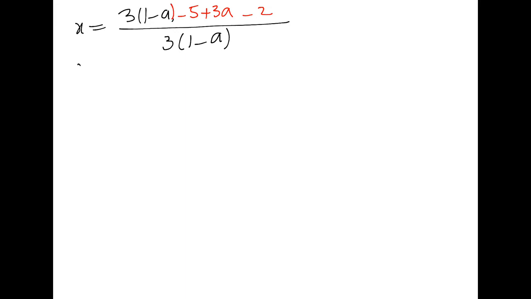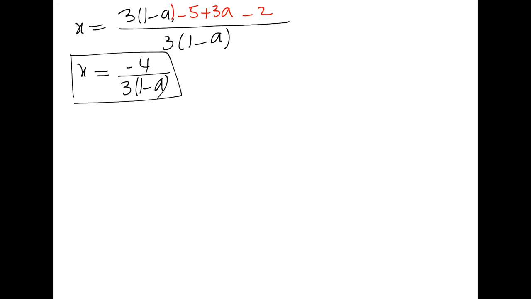Okay, so simplifying this, we get negative 3a plus 3a, that's a 0, so the a cancels out, and that's a negative 7 plus 3, so that's a negative 4. So that's negative 4 over 3 into 1 minus a.